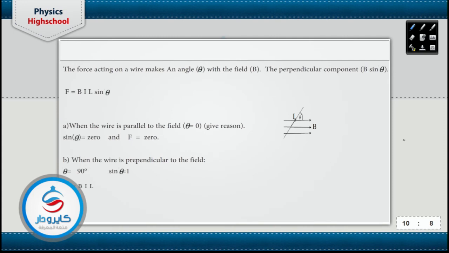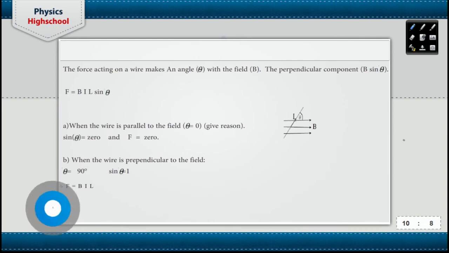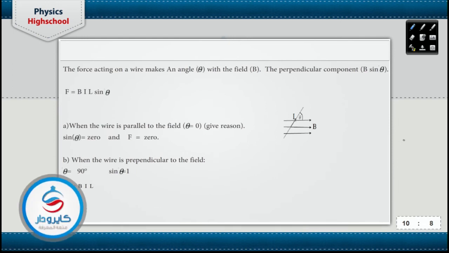وفي الحاله دي هنكون الواير is placed in parallel to the magnetic flux lines, therefore theta equals 0 and sine 0 equals 0, therefore F equals B I L sine 0 equals 0. يبقى لما يجي لي سؤال give reason: a straight wire carrying a current in magnetic flux density, and it doesn't move because the wire is placed parallel to the magnetic field lines, and theta equals 0 and sine theta equals 0.